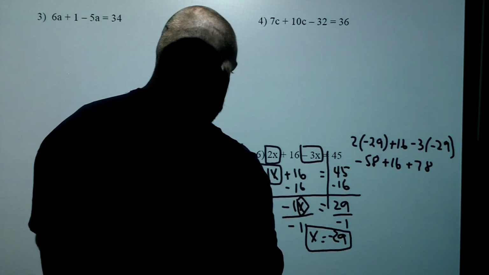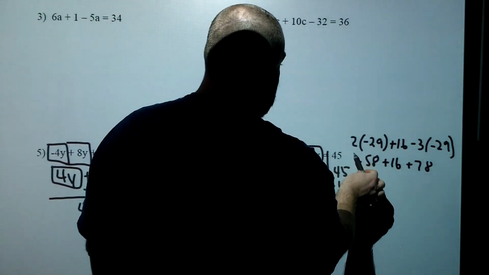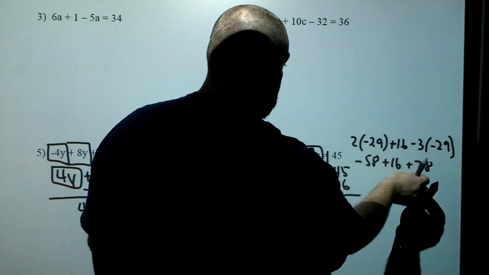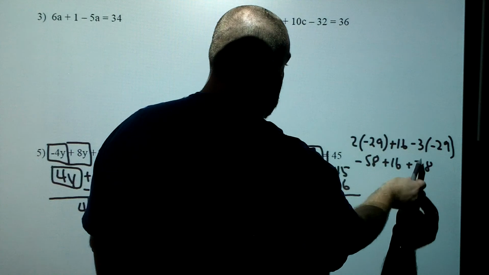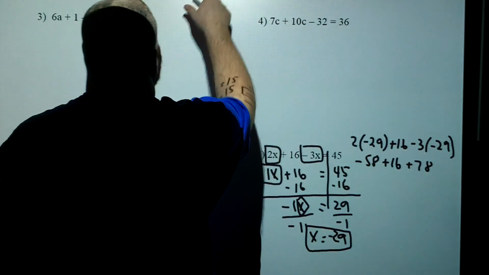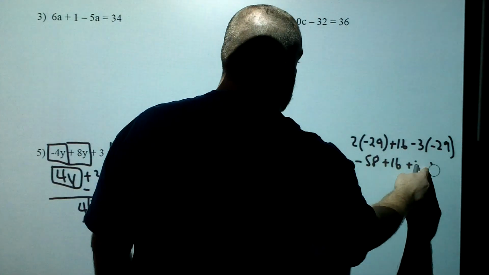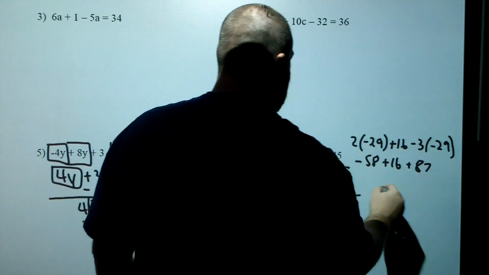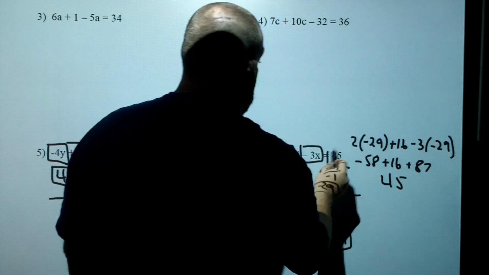This should work out. Negative 58. Sorry, this is 87, not 78. Sorry about that. I reversed the numbers around. This is 87, which gives me 45, which is the same answer as this, so that checks.